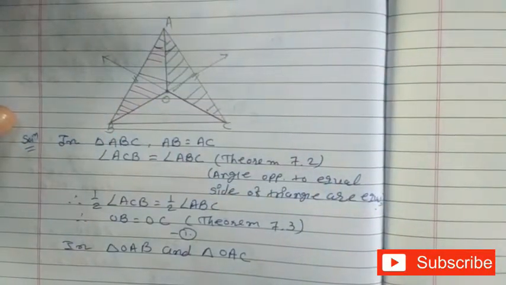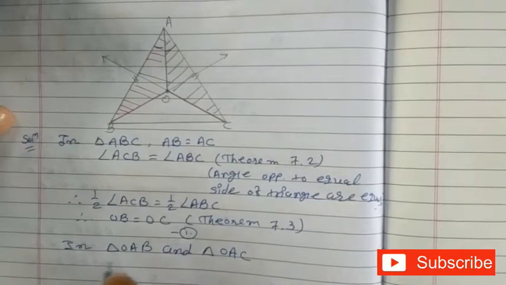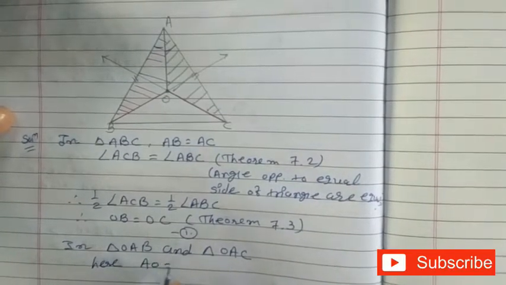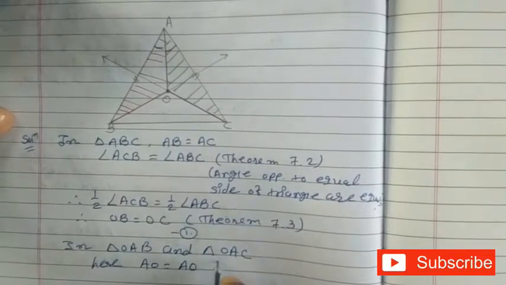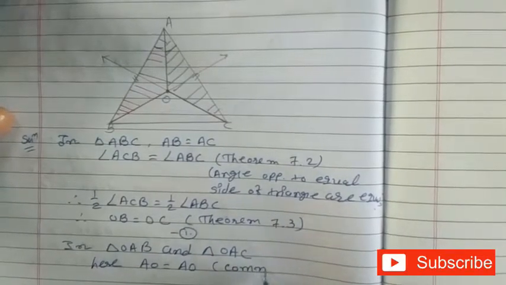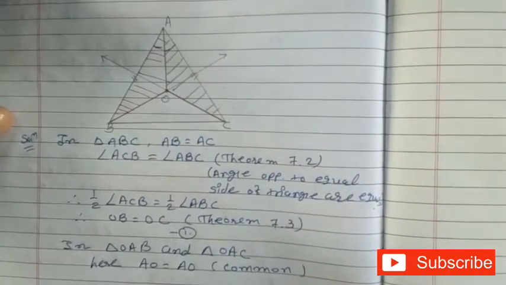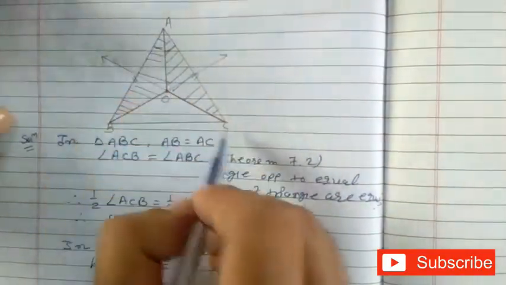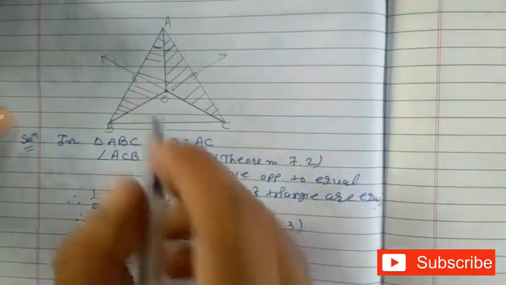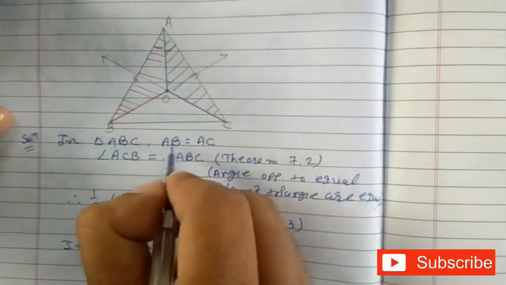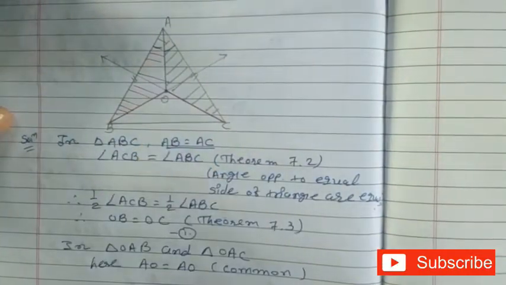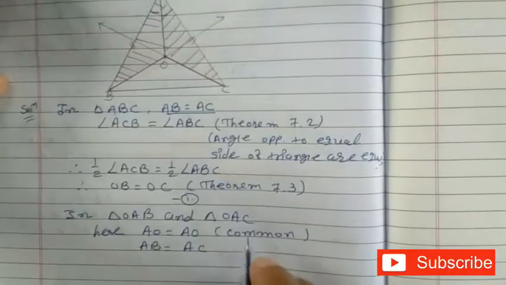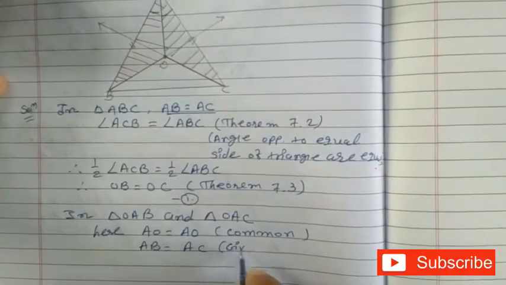So we can write here AO is equal to AO because it is common. Now AB is equal to AC, which is given.